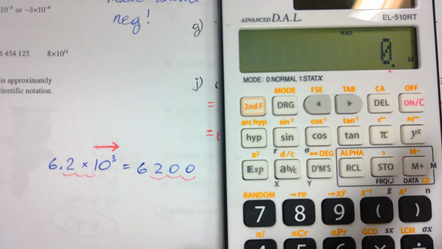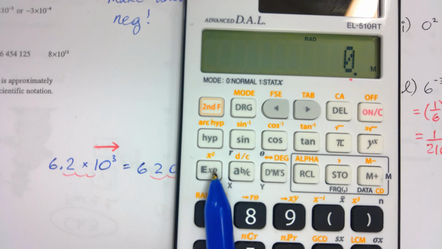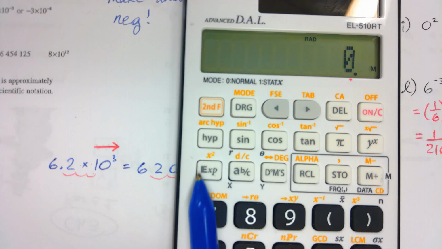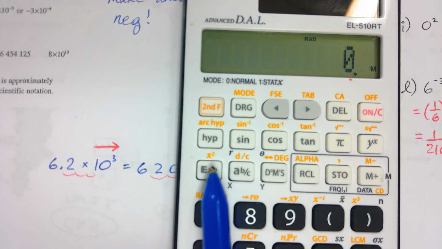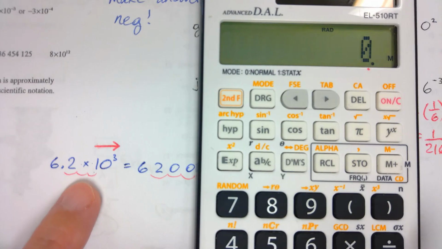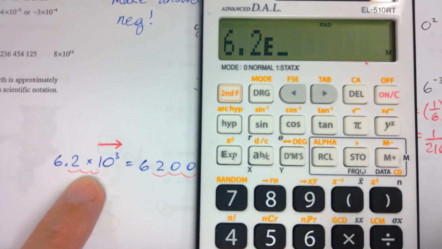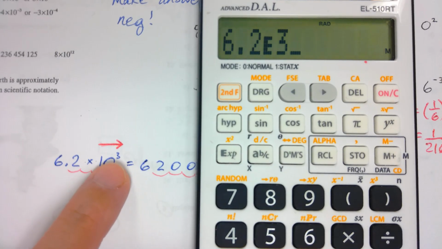Okay, on your calculator, that's what I was talking about. This EXP button is the times 10. That's what this means. Times 10 to the exponent. So on the calculator, I do 6.2 E and then exponent 3.